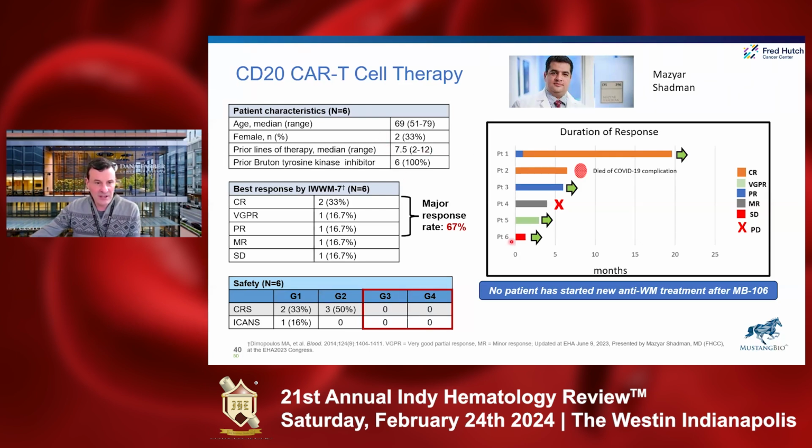Let me go over his data. The prior lines of therapy were 7.5, meaning patients had seen on average over 7 therapies in this trial, and yet the major response rate was 67%. So this trial will be opening at our institution very, very shortly.